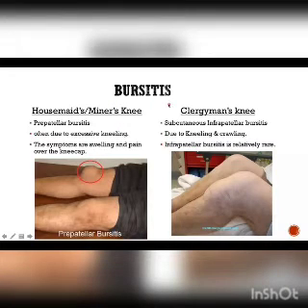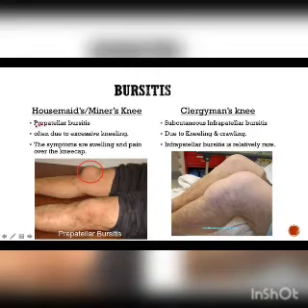Bursitis. Bursitis is a very painful condition that affects the small fluid-filled sacs called bursae that cushion the bones, tendons, and muscles near the joints. Bursitis occurs when bursae become inflamed. Here we can see two types of bursitis called housemaid's or miner's knee and the clergyman's knee.